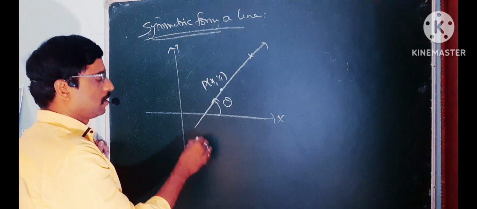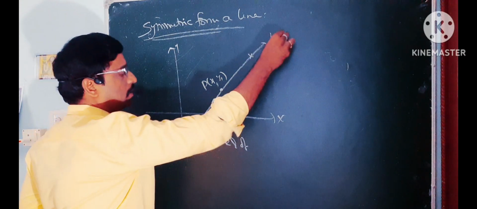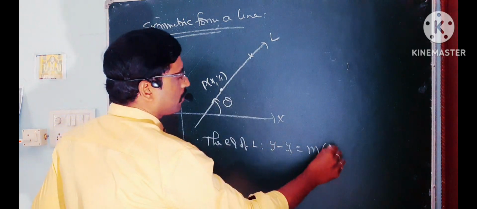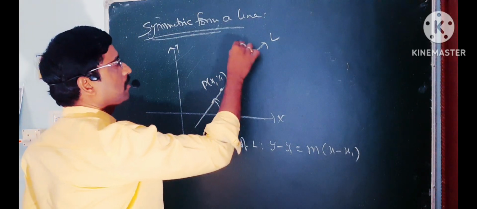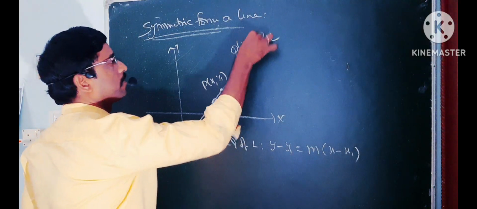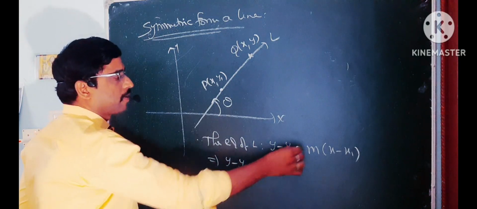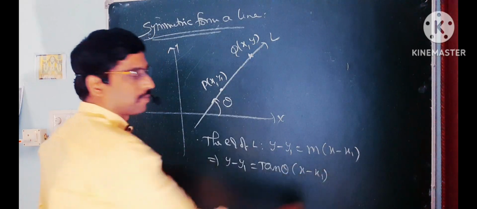Now the equation of line L is y minus y1 is equal to m into (x minus x1), where (x, y) is any point on the line. Here m is equal to tan theta, so y minus y1 is equal to tan theta into (x minus x1).